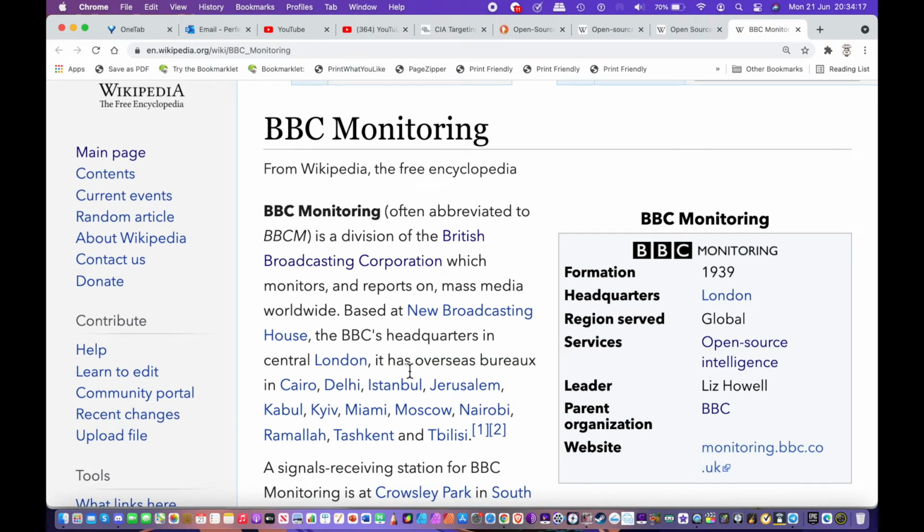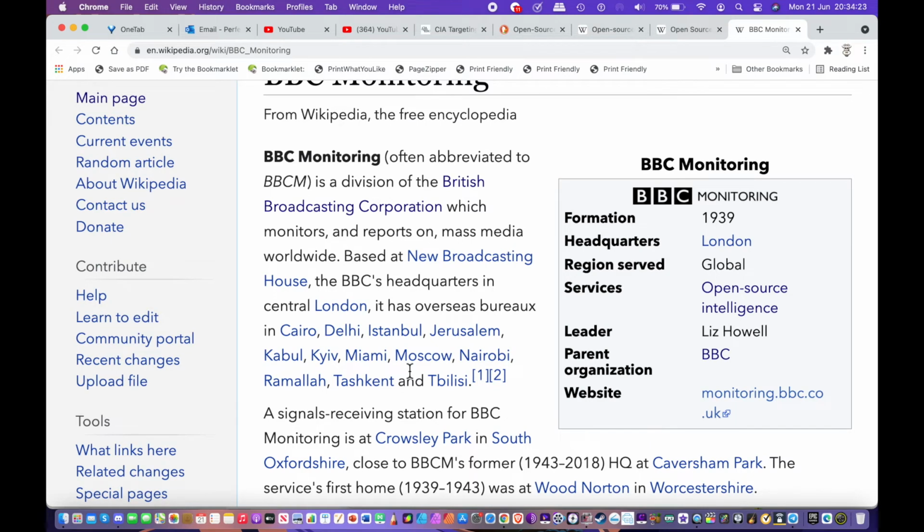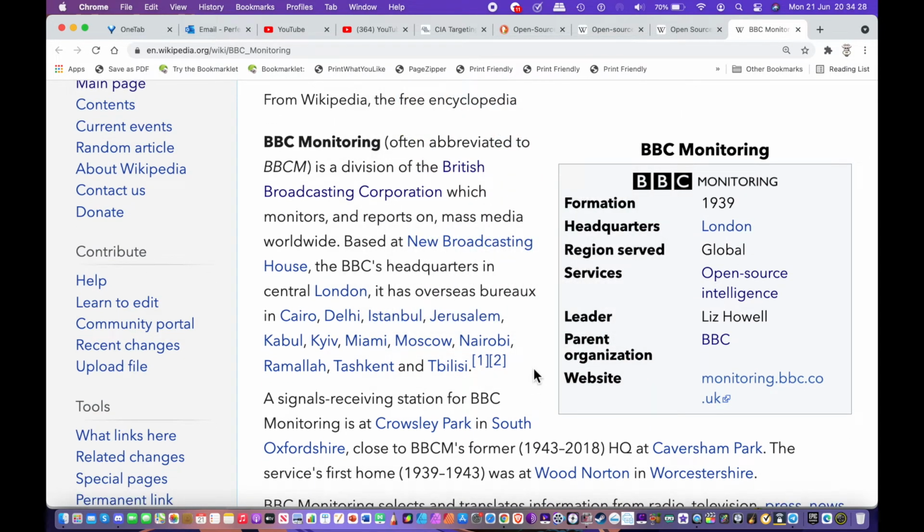It is a division of the BBC which monitors and reports on mass media worldwide, based at New Broadcasting House, the BBC's headquarters in central London.